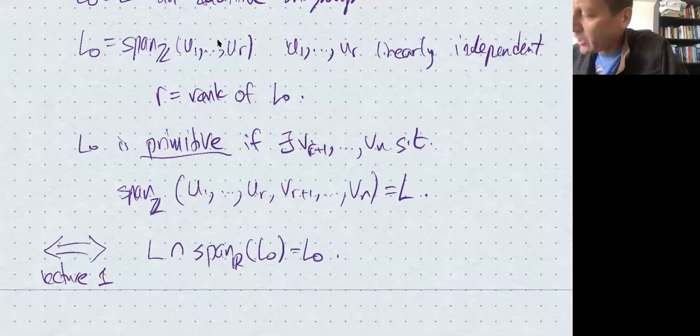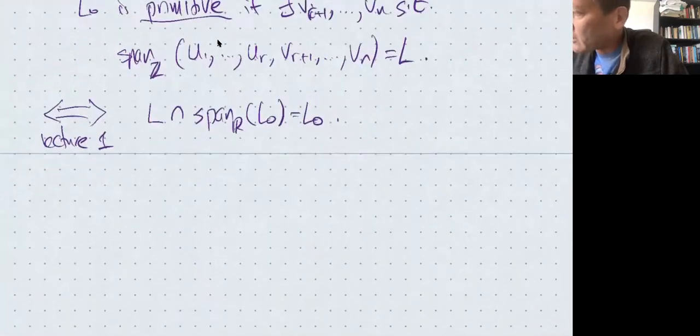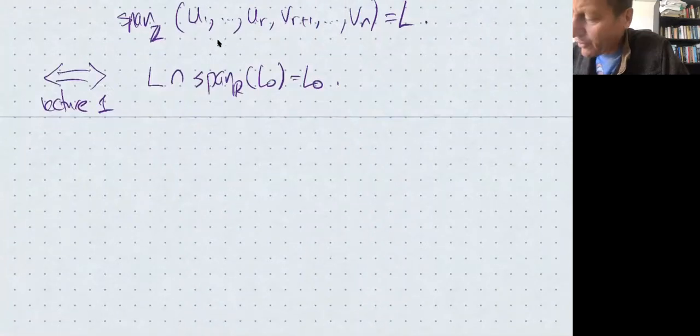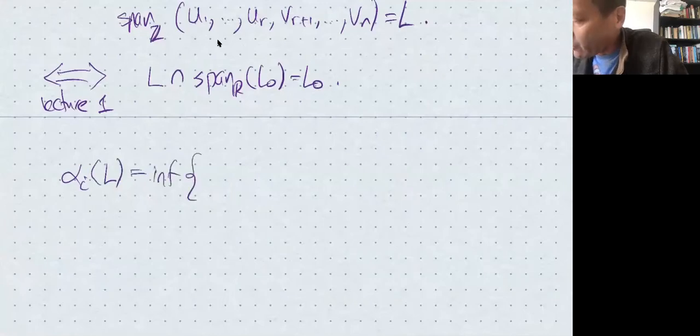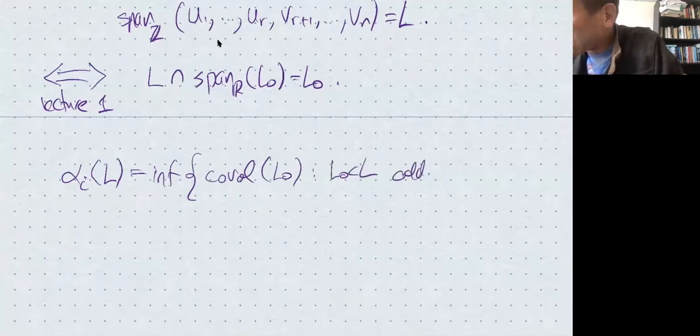And associated with such an L0, we can define a co-volume, and we define alpha_i of L to be the infimum of the co-volume of L0 for all additive subgroups of rank i.